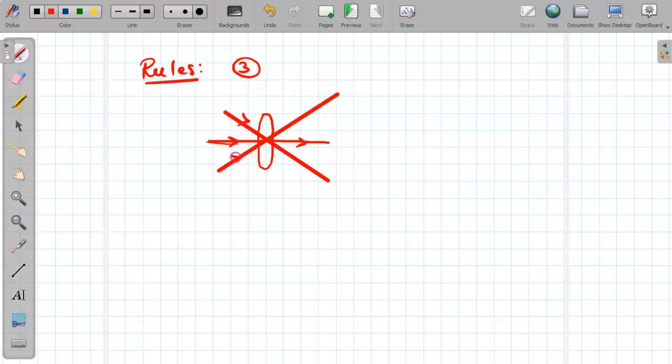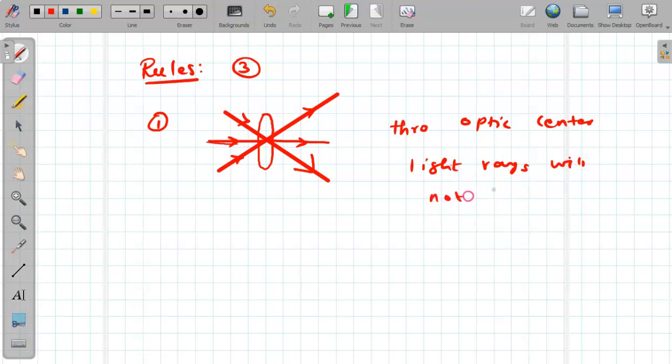And don't forget to draw the arrow marks, incoming and outgoing. This is rule number 1. Through the optic center, light rays will not bend.